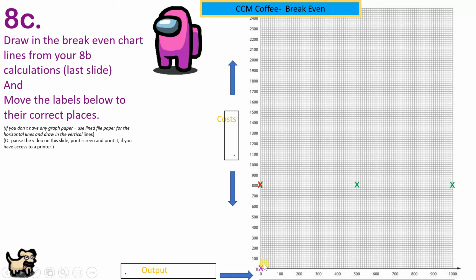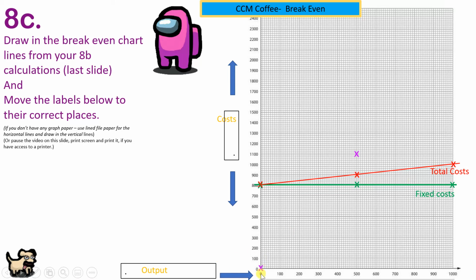Here are the other points for fixed cost at £800, which makes your fixed cost line look like this. Your total cost points at £900 when producing 500 coffees, and £1,000 when producing 1,000 coffees would go here, and your total cost line would look like this.